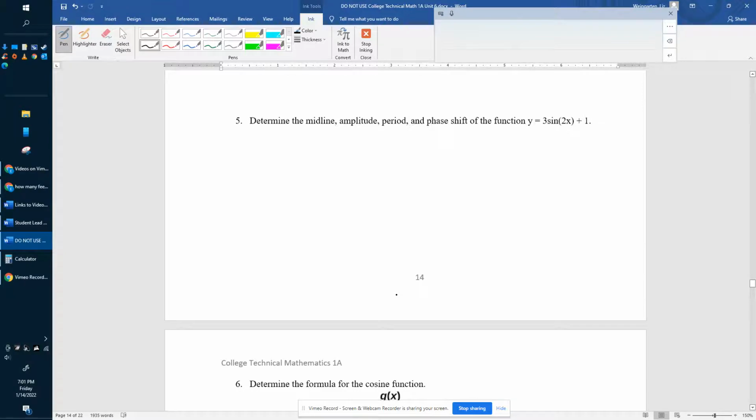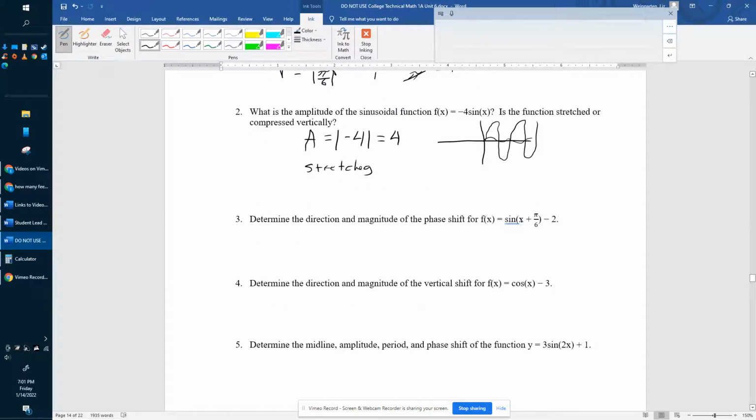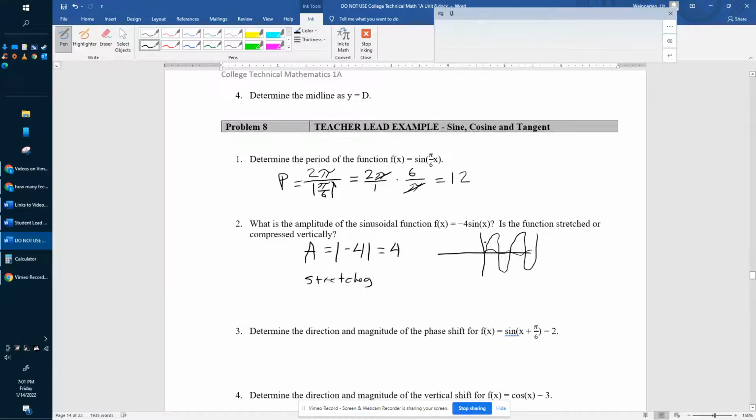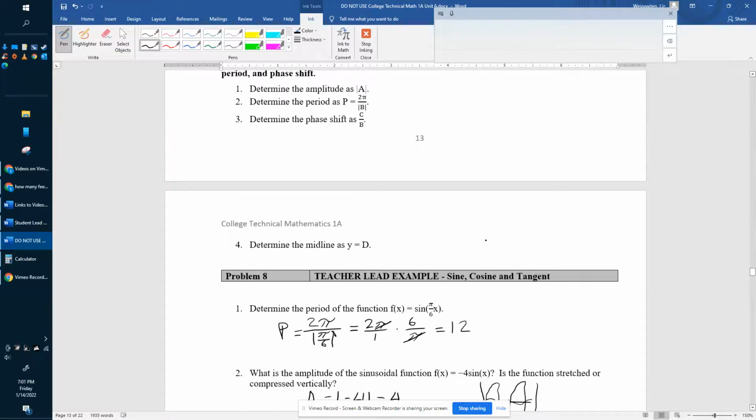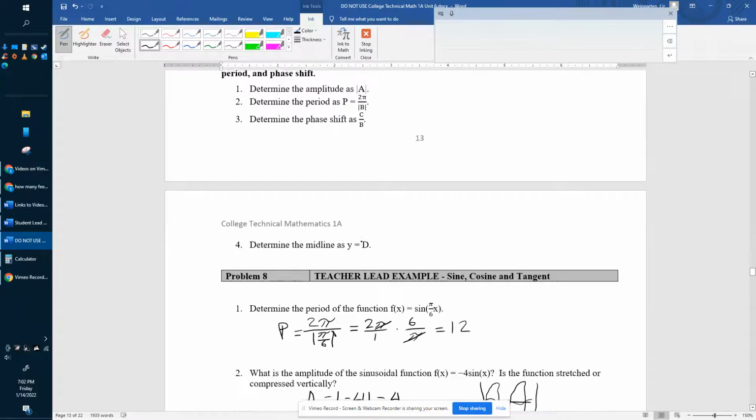All right, some more fun stuff here. Determine the direction and magnitude of the phase shift for f of x equals sine of x plus pi over 6, minus 2. All right, phase shift. Phase shift is c over b.